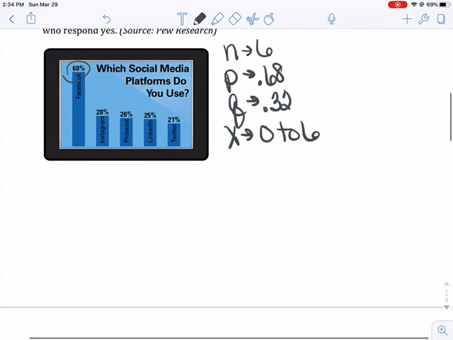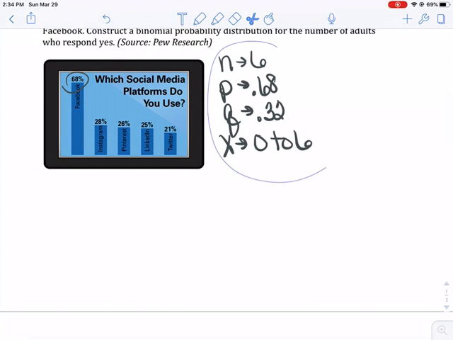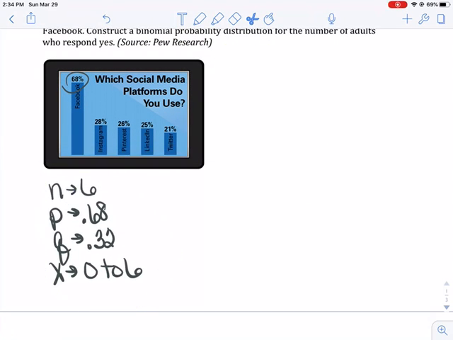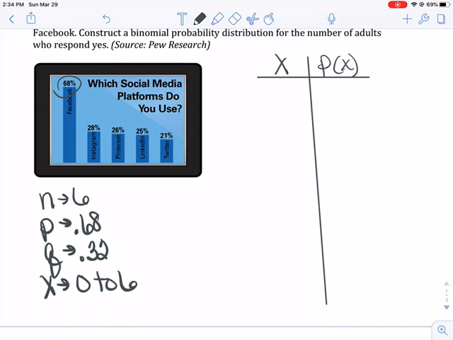Okay, so let's construct our distribution. I'm going to move these down here so I have more room to work. So x is our random variable, and this is p of x, which is our probability.